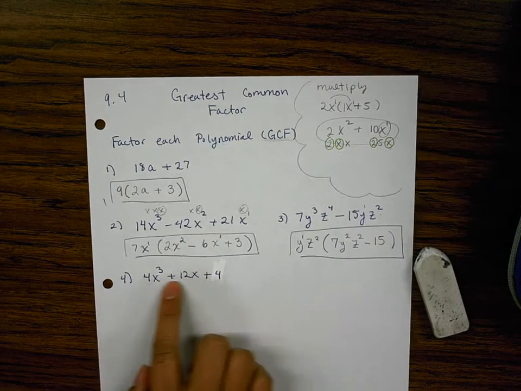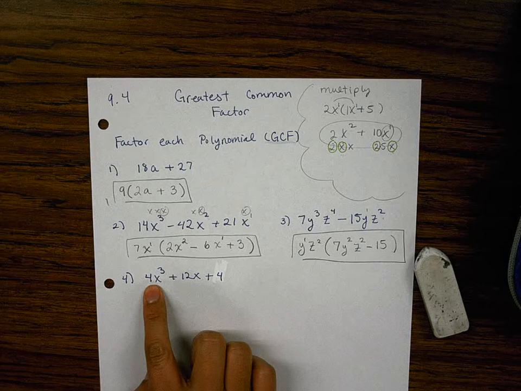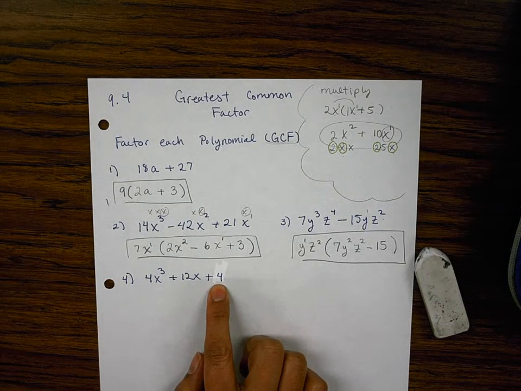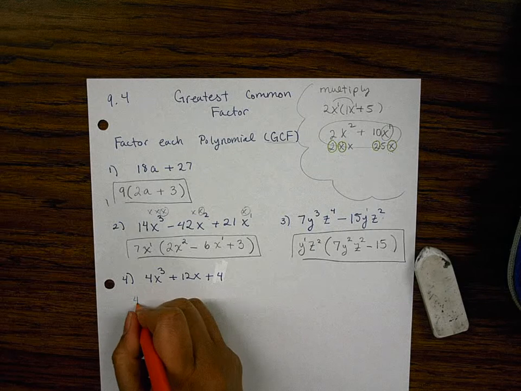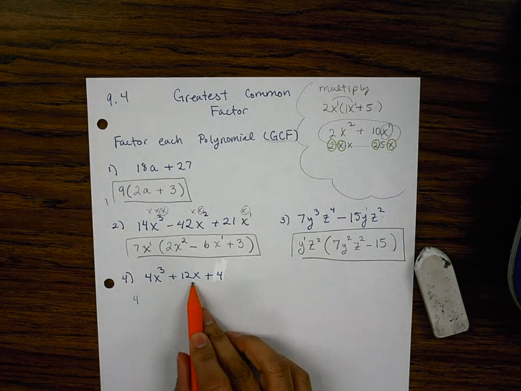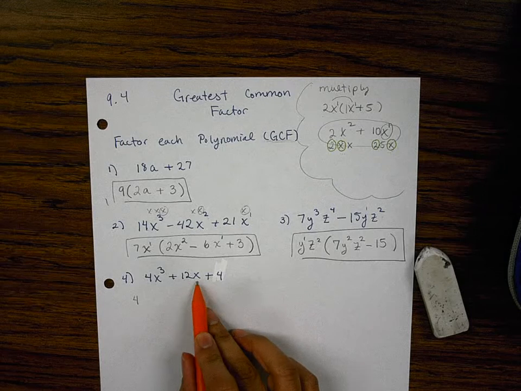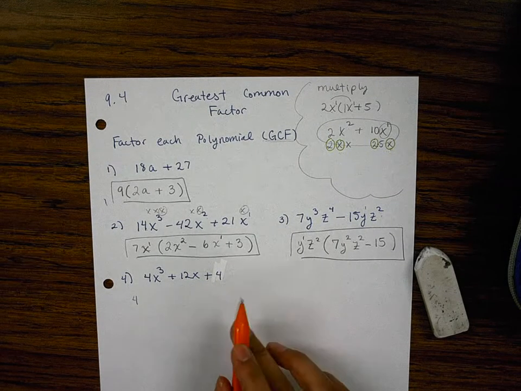All right, so we're looking for the greatest common factor. There's 3 terms here. 1, 2, 3. What goes into 4 that also goes into 12 that also goes into 4? The largest number that goes into all 3 is a 4. This has an x cubed. This has an x. This has no x at all.